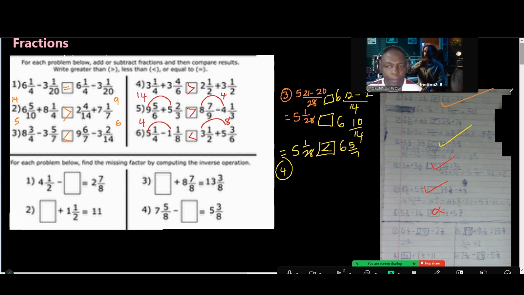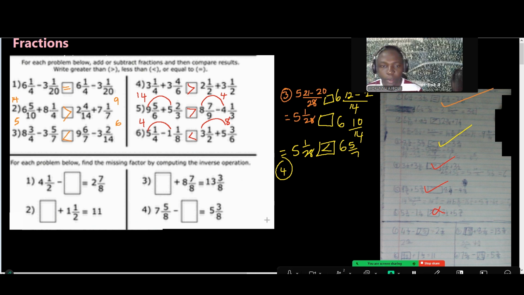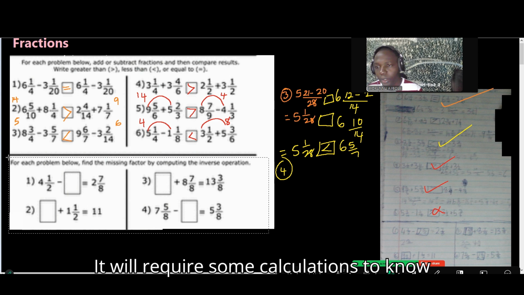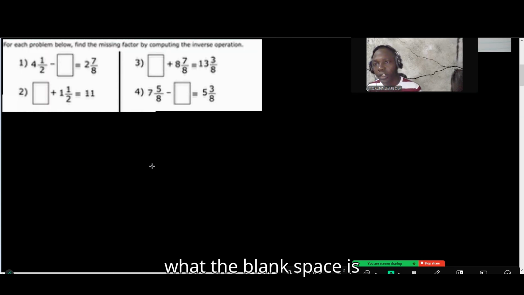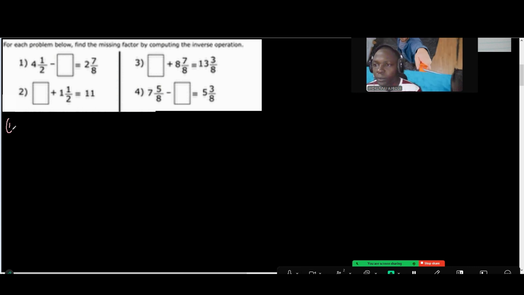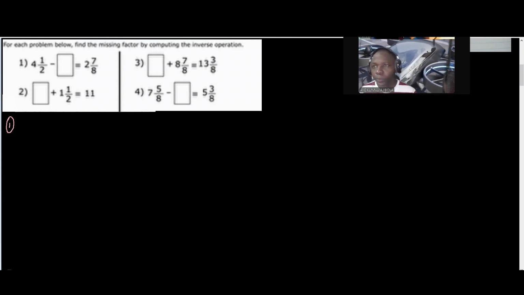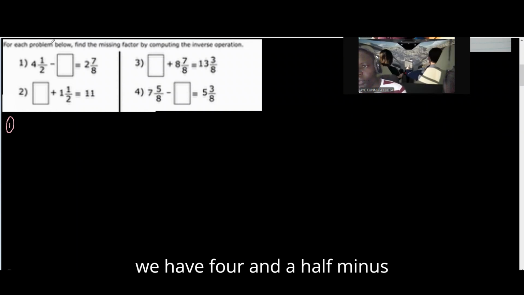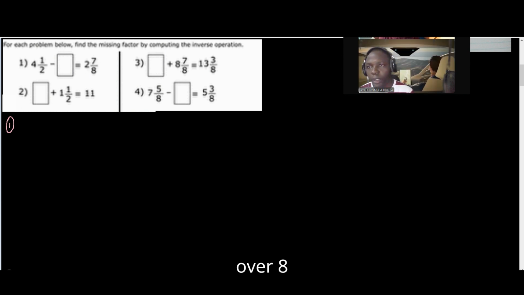Okay, the ones at the bottom, yeah, these ones, it will require some calculations to know what the blank space is going to be. So for the first one, hold on a little bit, let me check something. So for this next one, we have 4.5 minus something to give us 2, 1 over 8.